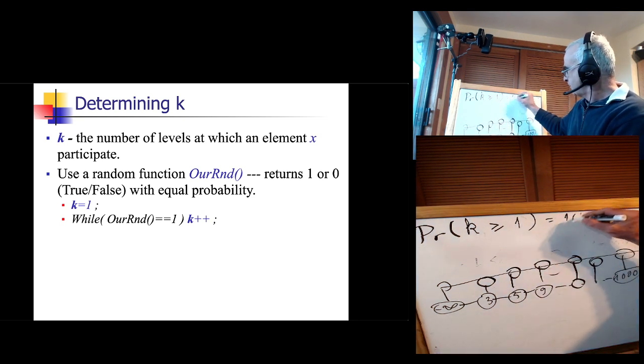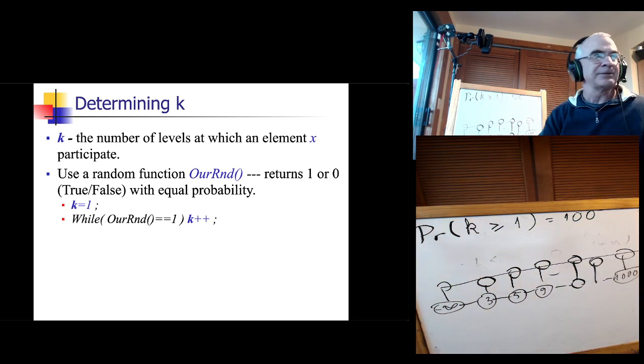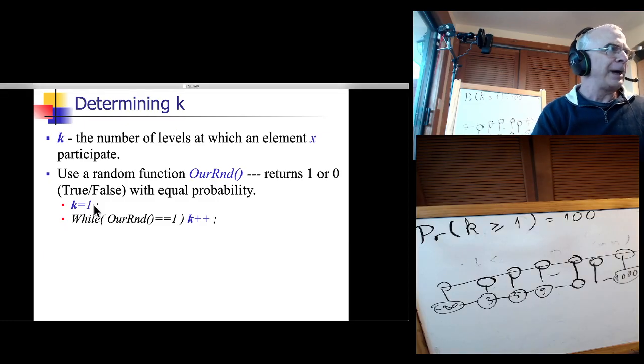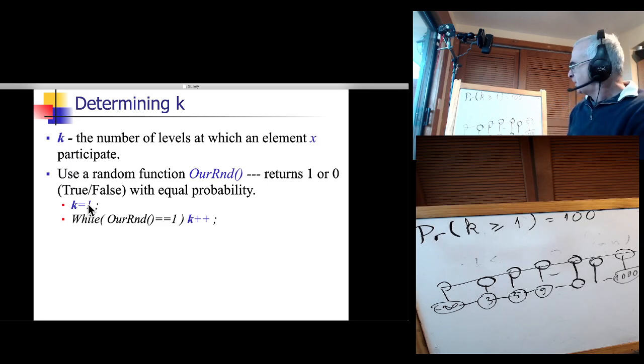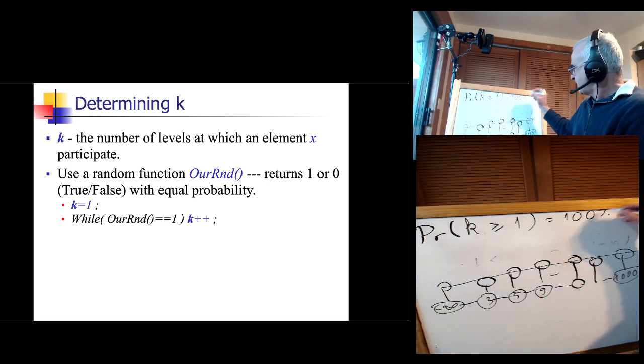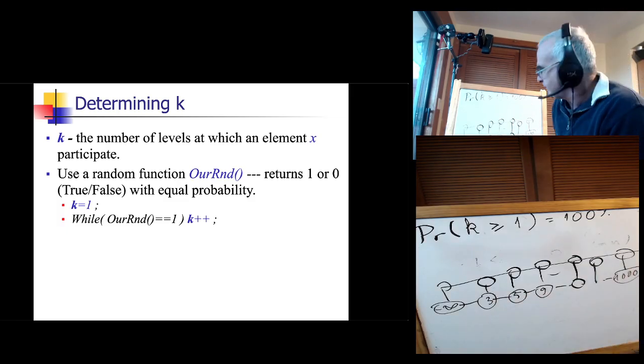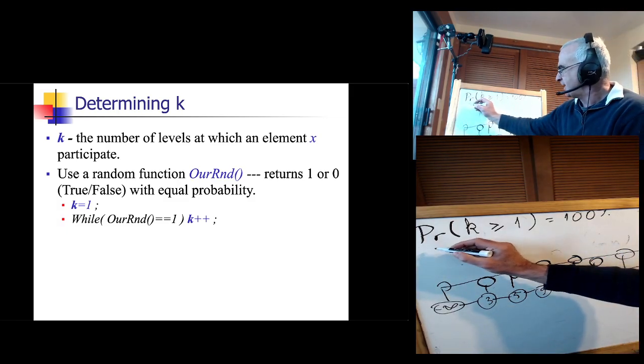Whatever I'm getting, I start when k is 1, so the chances that it will be either 1 or some larger number is 100%. It cannot be anything else.